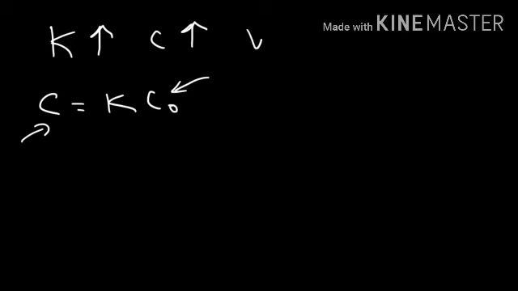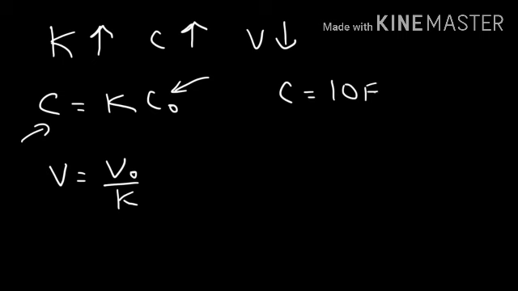However, the voltage will go down. V is equal to the original voltage divided by K. So let's say if you have a capacitor that has 10 farads, and let's say the voltage across it is 20 volts, and the dielectric is 1. Let's say there's air in between it.